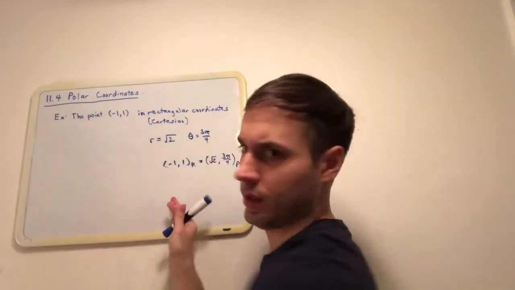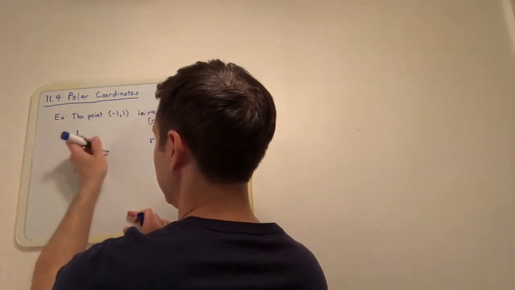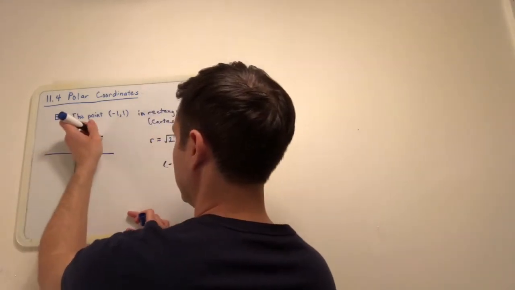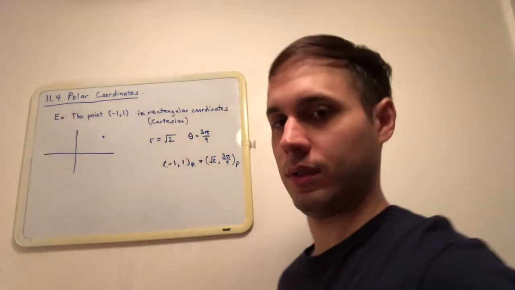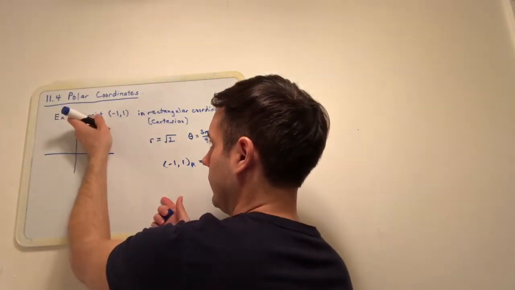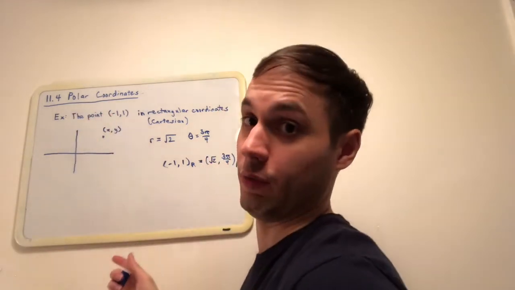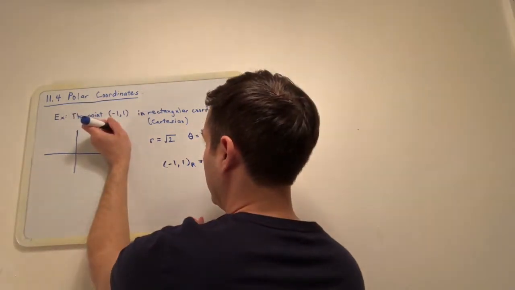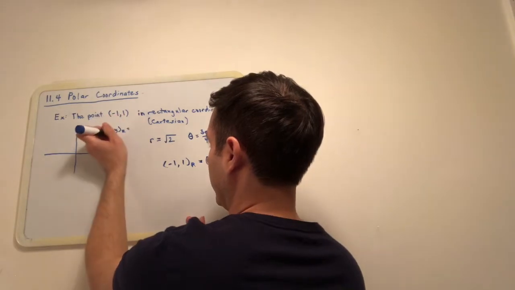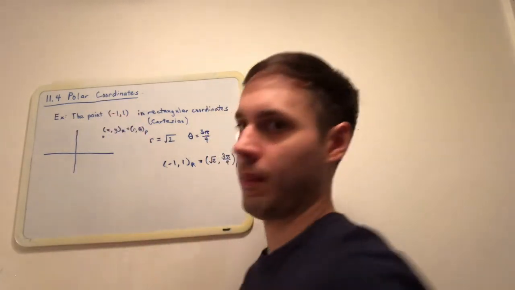And let me just draw a general point, put it in the first quadrant just to make life simpler. So this point, I'm going to call this x comma y in rectangular, and r comma theta in polar.